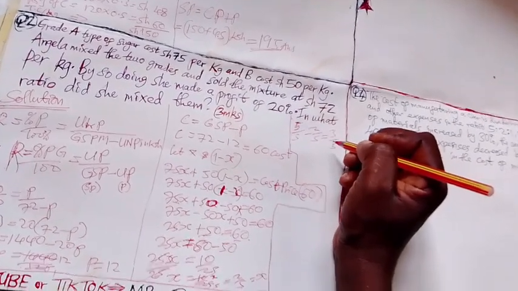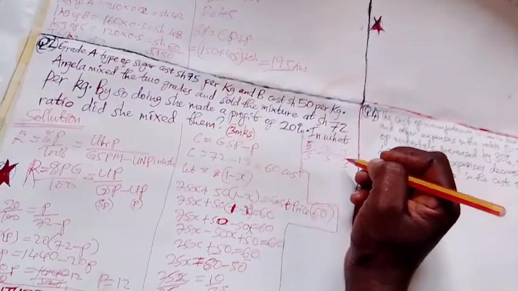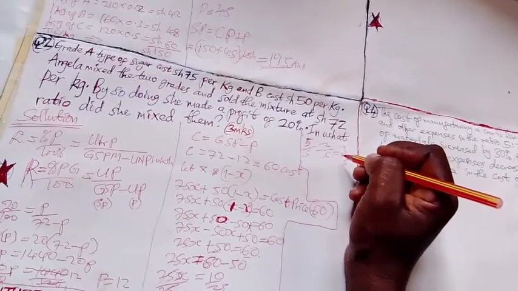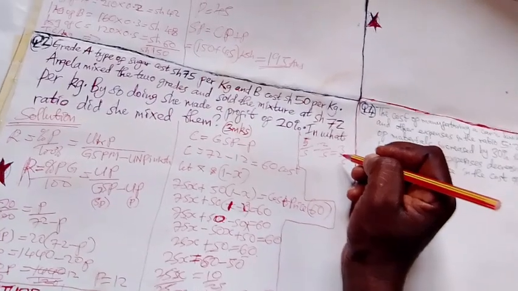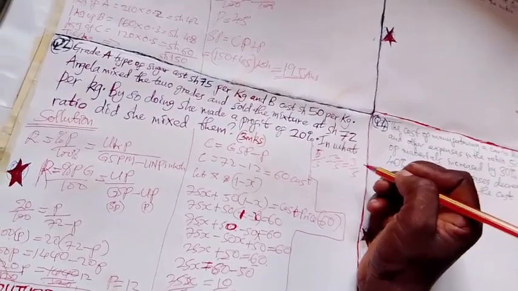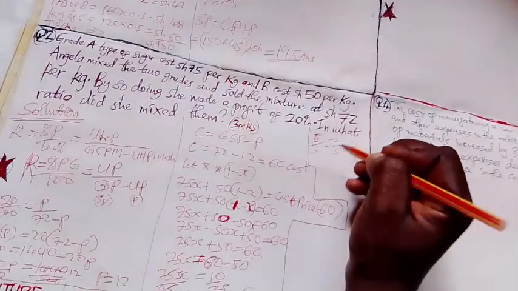And the ratio that Angela mixed the two types of sugar was 2:3.